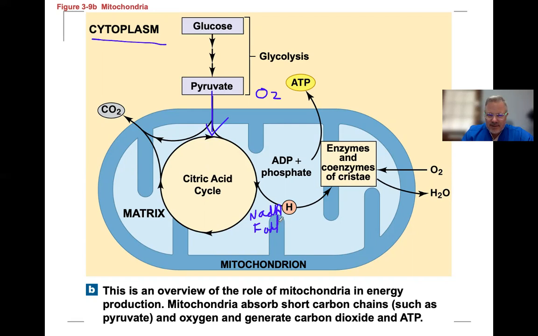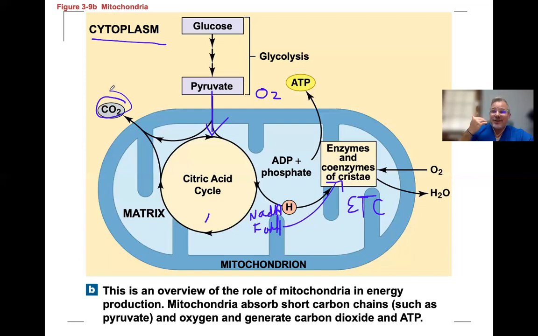These coenzymes are going to be utilized by the electron transport chain. We call it, not the Krebs cycle, the electron transport chain, which happens after the citric acid cycle or Krebs cycle. So the citric acid cycle is pushing off carbon dioxide. That's what we breathe out.